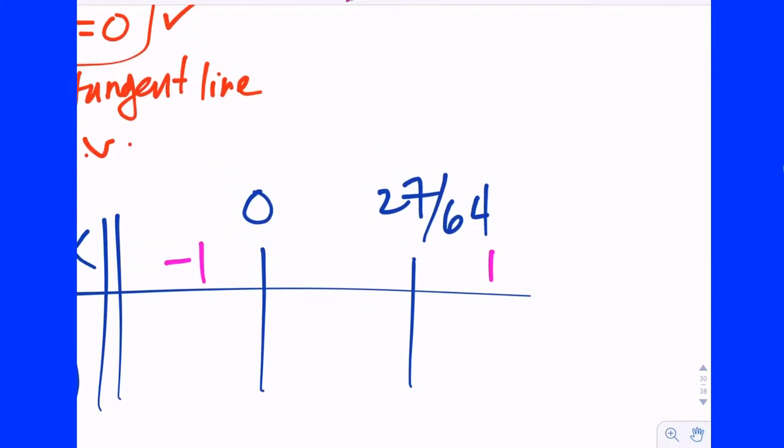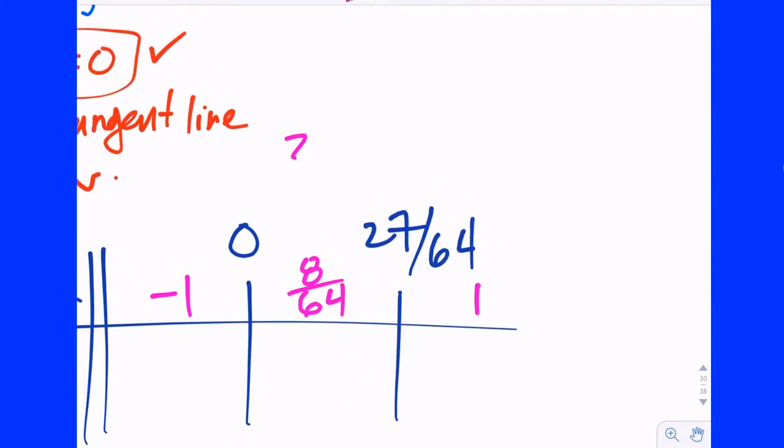But is there a perfect cube smaller than 27? 27 is 3 cubed, right? What's 2 cubed? 8. So maybe I'll choose 8/64. Is that smaller than 27/64? Yeah. Or you leave 27 alone. 64 is 4 cubed. What would be the next number up from 4 cubed? It'd be 5 cubed, which would be 1/125.